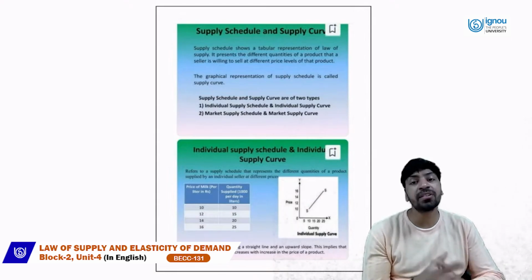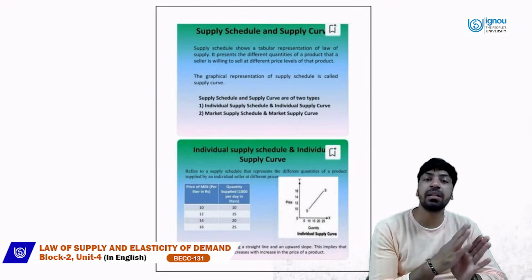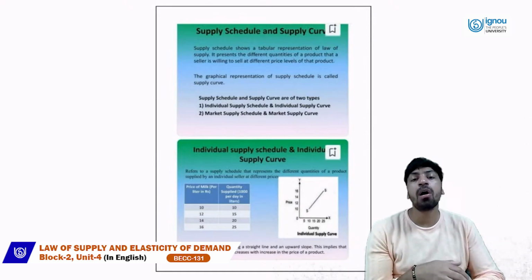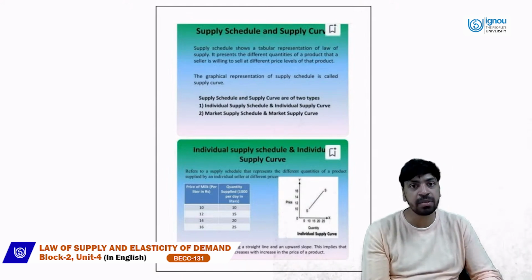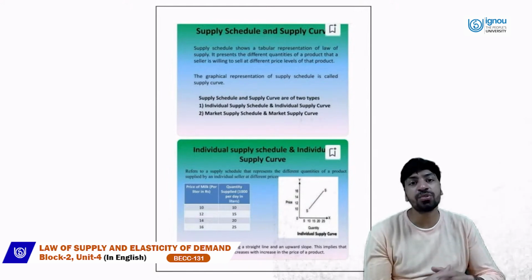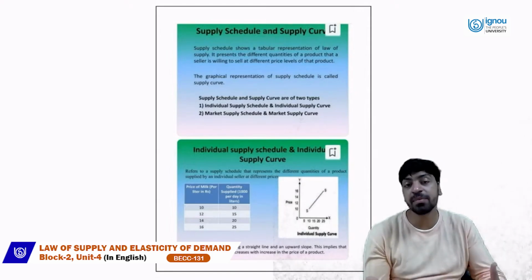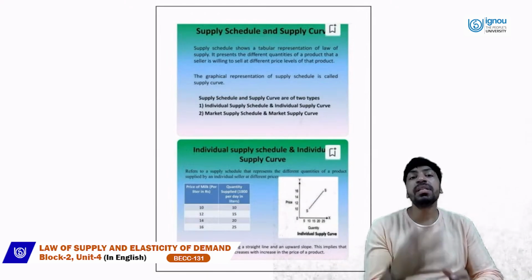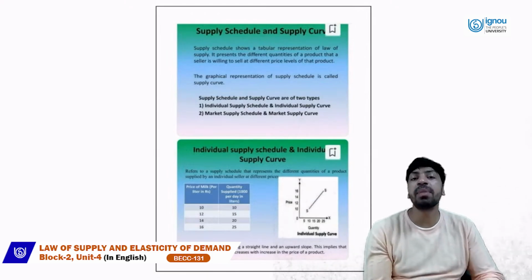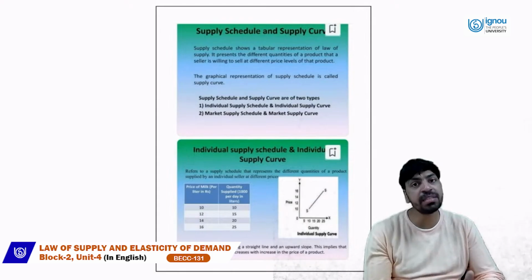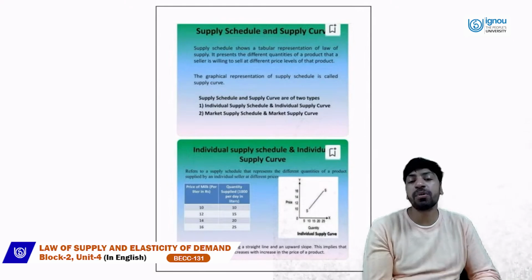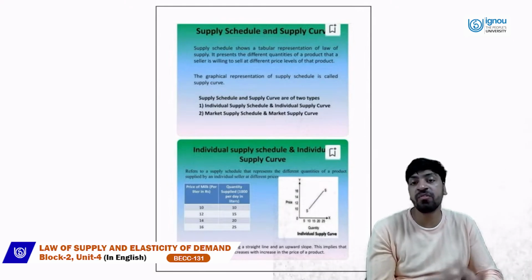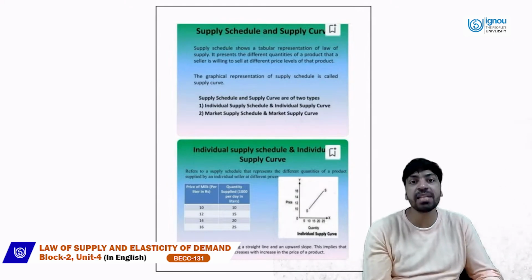There are various categories of the supply curve, such as the market supply schedule and the market supply curve. Before you apply the concept of the supply curve, you need to represent in tabular form the supply schedule, which shows different quantities in reference to different price levels of a particular product, whether it be rice or wheat.